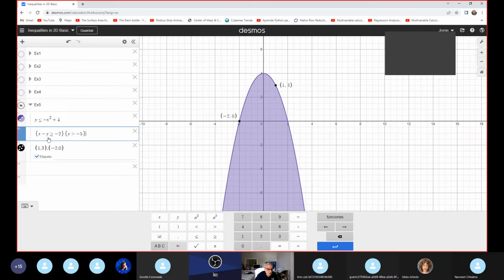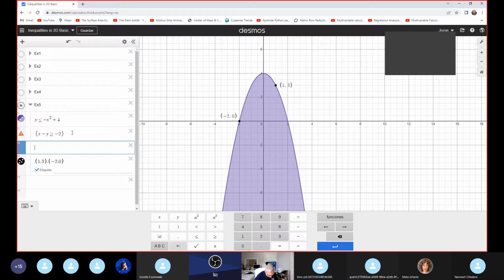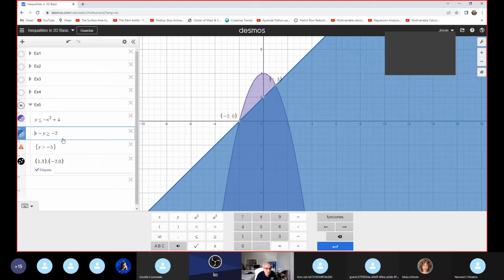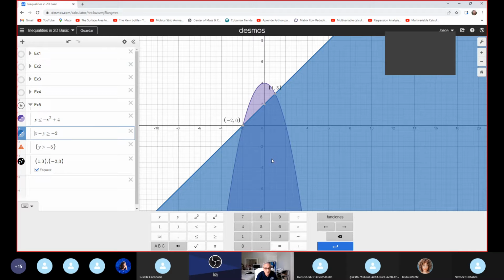I put this part separately. Control C, Control X, that part, Control V. And Desmos doesn't understand this alone because this is a connection with the AND. There you go, cool.